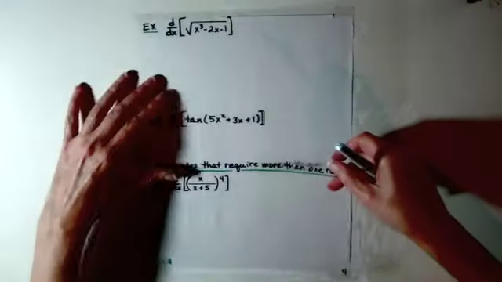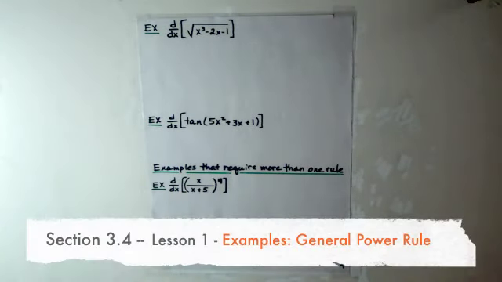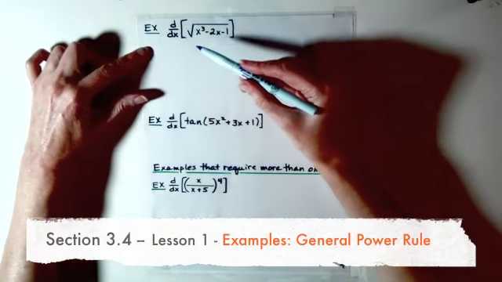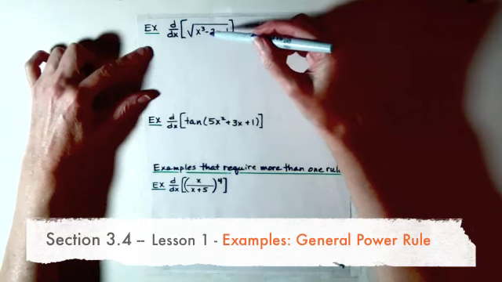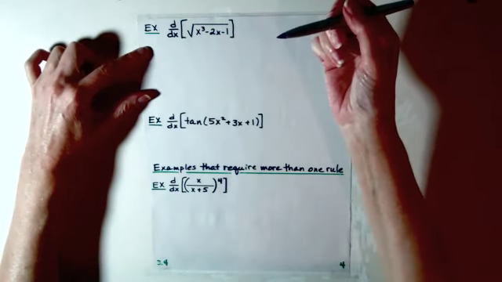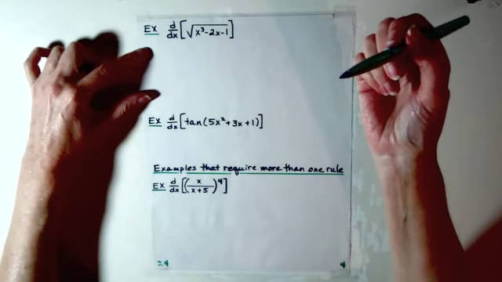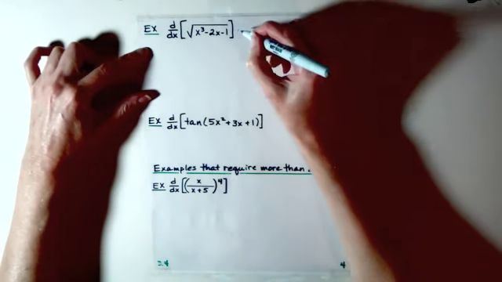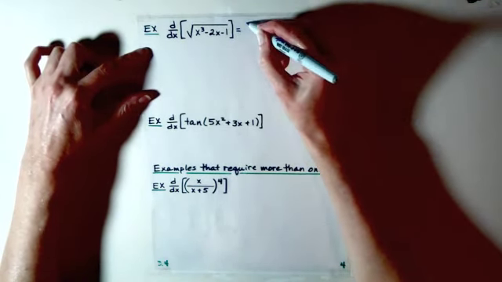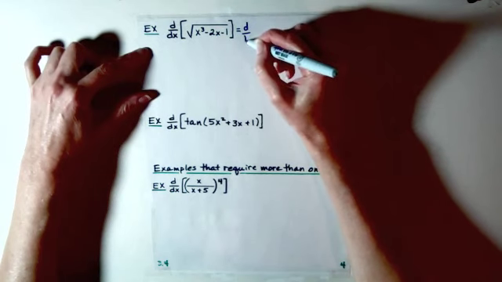All right, so let's see what we have next. At the top of the next page, I have this problem to do. I'm asked to find the derivative of the square root of x cubed minus 2x minus 1. Well, again, it's probably a good idea to rewrite before you take the derivative, because what do we really mean by that square root?